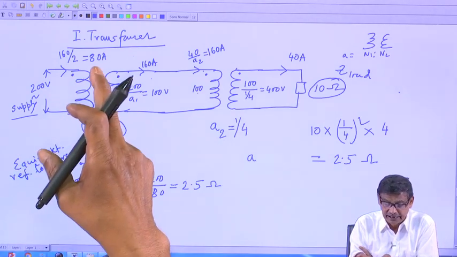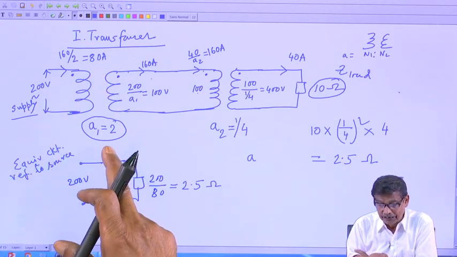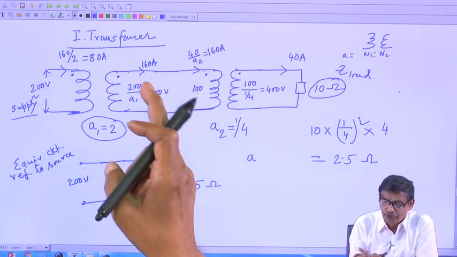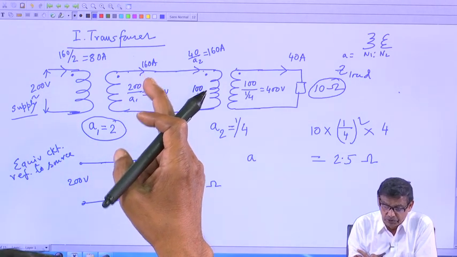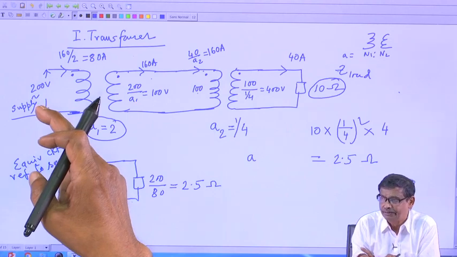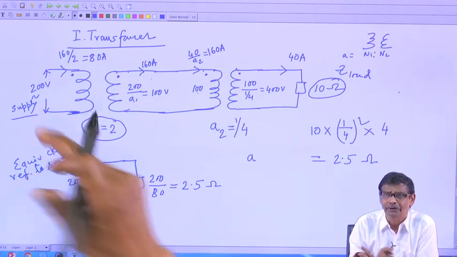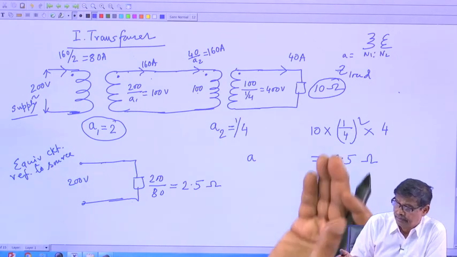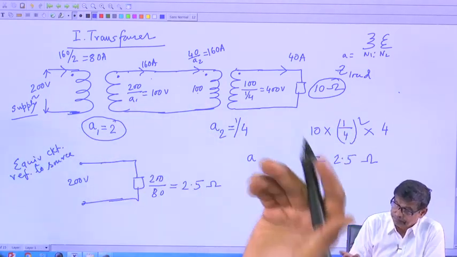Therefore, this current 80 ampere should be multiplied by 2 to get 160, or if you know 160, it should be divided by this A to get 80. So, have a lot of practice, so that you can transfer the impedance.